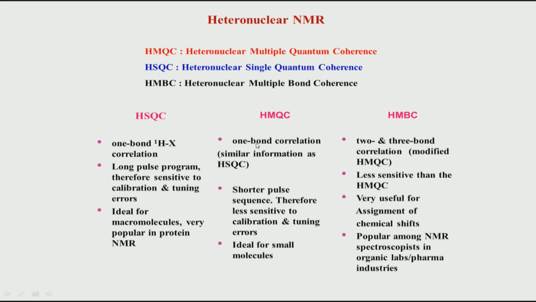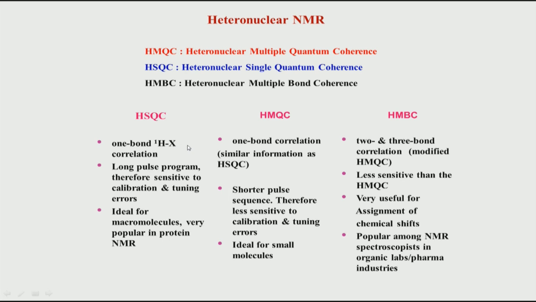This is one major difference, but if you look here, HMBC is a slightly different experiment. There you get the correlation the other way around: you do not get a correlation if they are one bond apart. The idea is that one bond correlation is suppressed in HMBC, because one bond information anyway comes from HSQC, so there is no need to do it again.